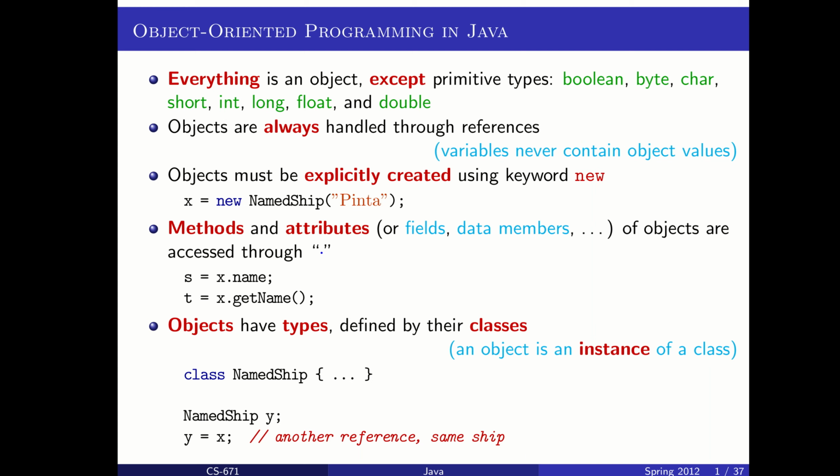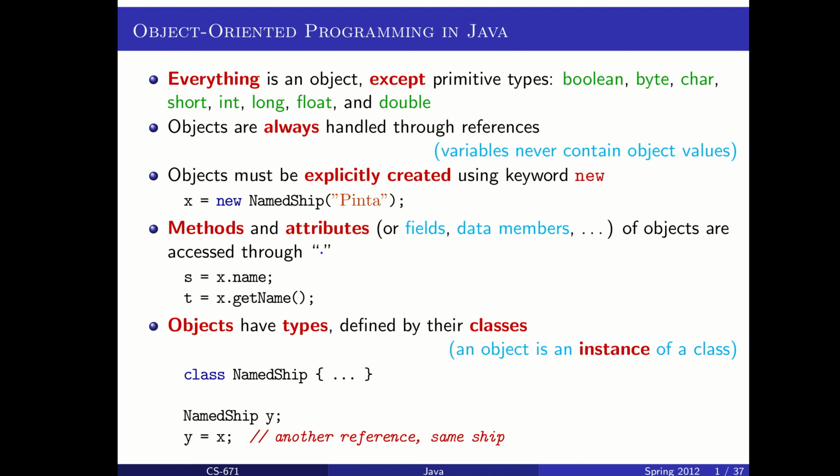Objects have to be explicitly created using the keyword new, with the exception of strings, which can have just string literals written in. They can have methods and attributes, also known as fields, data members, instance variables, lots of names for these. And they're accessed using the dot operator, like x.name, or calling the method x.getName.